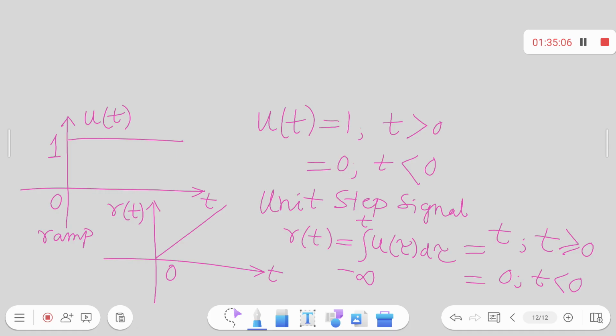For t greater than 0, this is constant 1, so no change, so 0. For t less than 0, everywhere 0. But from t equal to 0 minus to 0 plus, there you have a certain change, a rise from 0 to 1. So if you differentiate this step function, then what will you get?